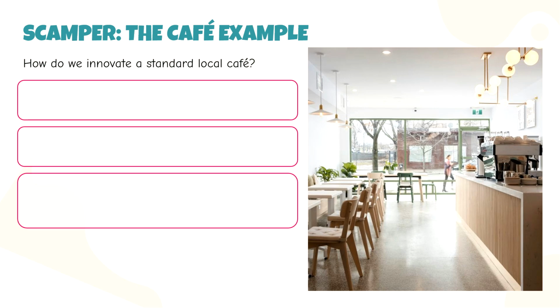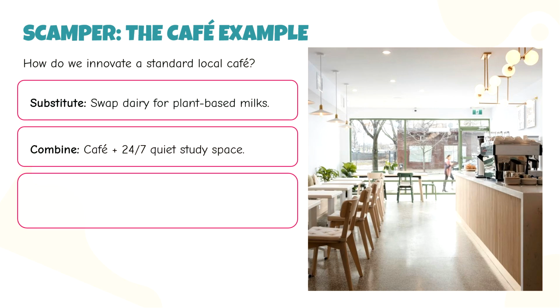Let's have a look at SCAMPER for a cafe. How do we innovate a standard local cafe? We could use substitute, where we create new plant-based drinks by swapping dairy for plant-based milk. Let's have a look at combine.